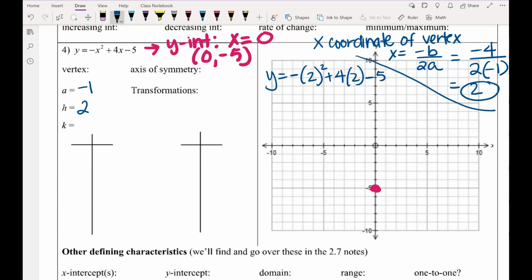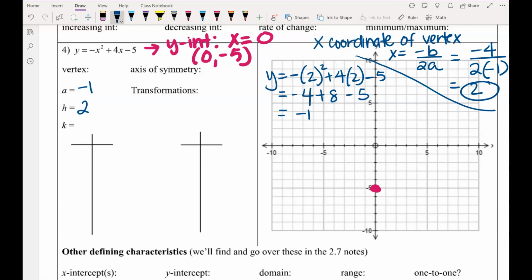2 squared is 4 times the negative in the front will give us what? Negative 4. 4 times 2 is 8, and then drop down the 5. Negative 4 plus 8 is 4. 4 minus 1 is what is it? 4 minus 1?